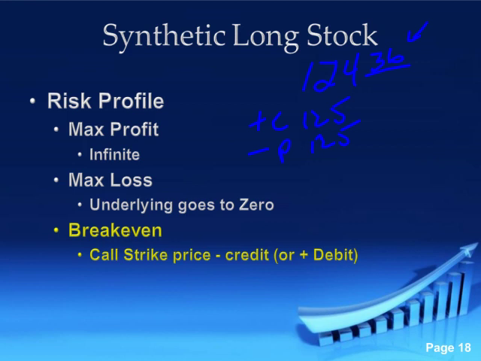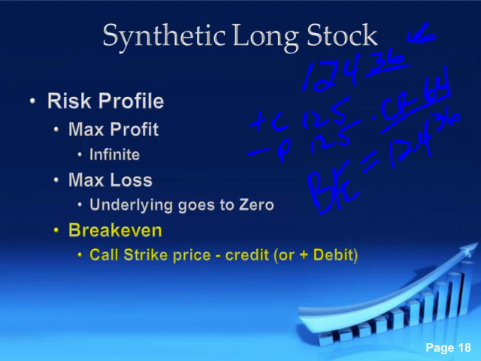If I did this for a credit of 64 cents, then we subtract the credit from the strike, and that would give us the equivalent of when it's trading 124.36. So when you're subtracting that credit, it's really just trying to give you where the break even is, but you want that break even to be equivalent to where the underlying is currently trading.